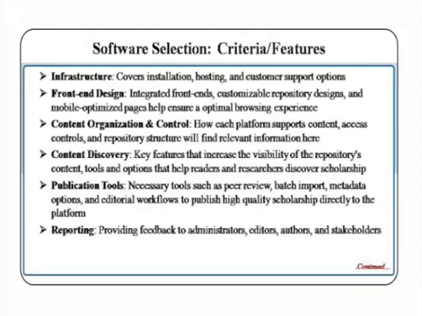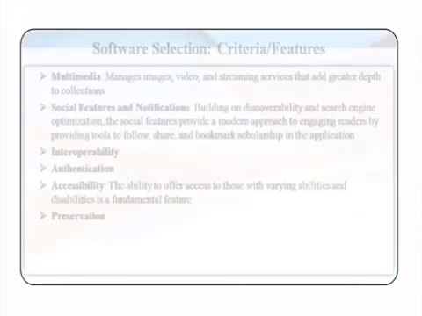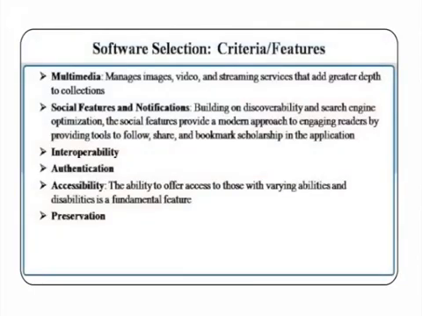Front-end covers customized repository design and mobile optimized pages, so that the browsing experience is assured. Some of the features available in Greenstone are listed here: reporting, multimedia content, how it manages video, social features like networking, interoperability, authentication and accessibility. Can you restrict some document? All these are the criteria for selecting the software.